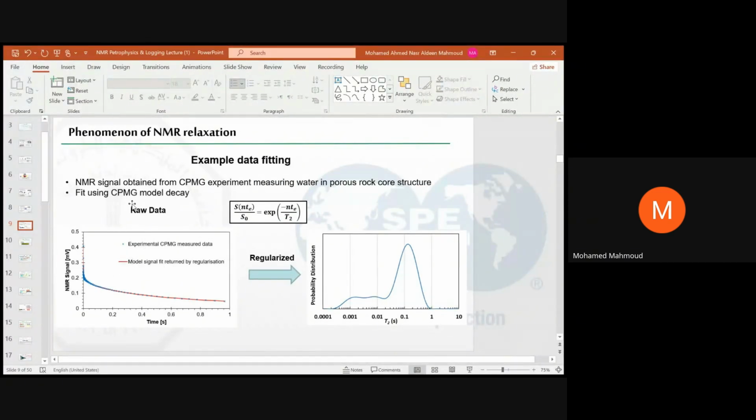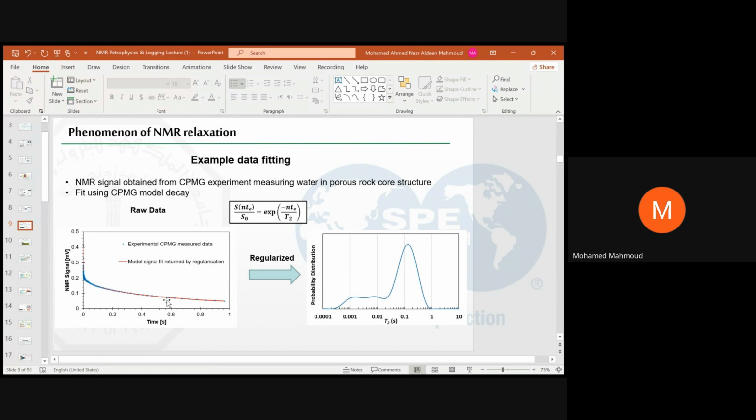One of these models is what we call CPMG, and the terminology CPMG is actually made of letters from 4 scientists. This is the initial letter from each one of them who came up with this inversion process.